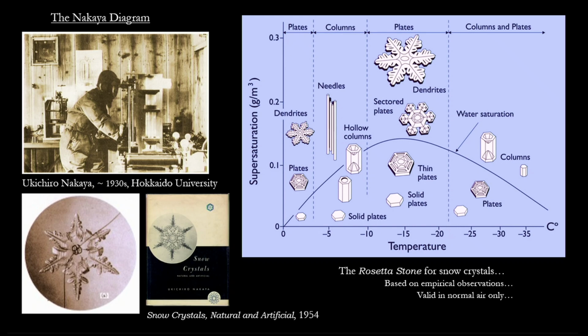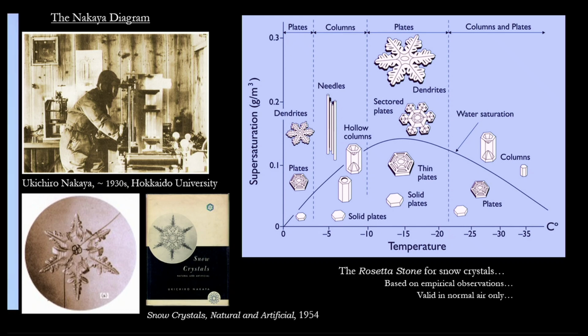So there's these transitions from plates to columns, which is pretty weird. And on top of that, on the other axis, you've got very simple morphologies here, just faceted prisms mostly, when the growth is very slow. And as you increase the growth velocity, the supersaturation, you get more and more complexity. And that we can understand from diffusion limited growth, and we'll get to that in a minute.